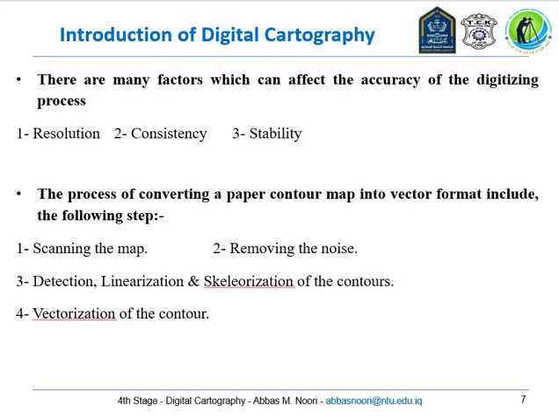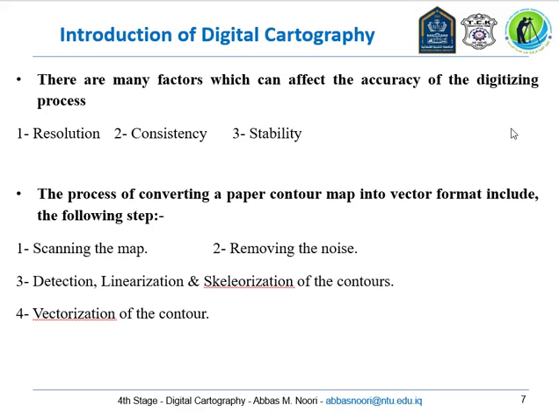There are many factors which can affect the accuracy of the digitizing process. The first one, resolution. The second, consistency, the third, stability. The resolution depends on the machine or device.